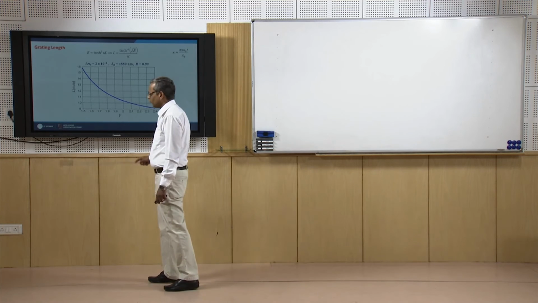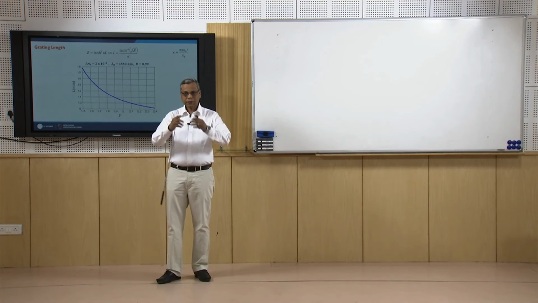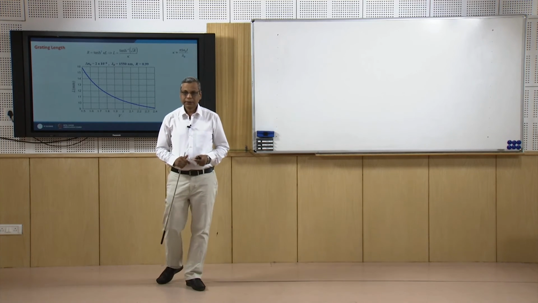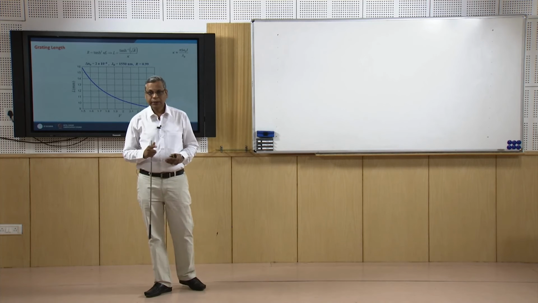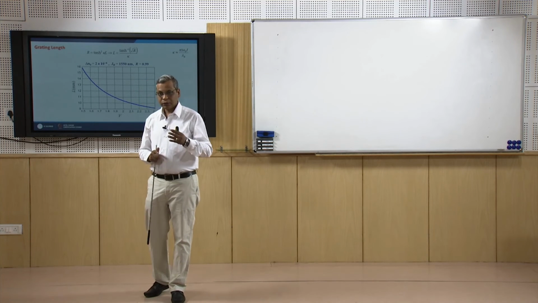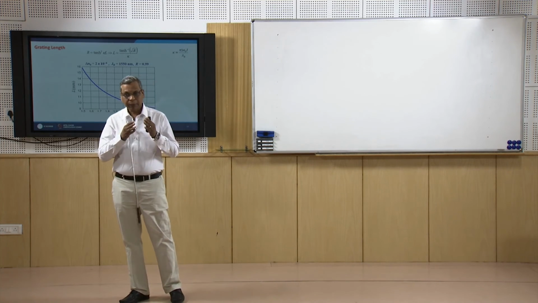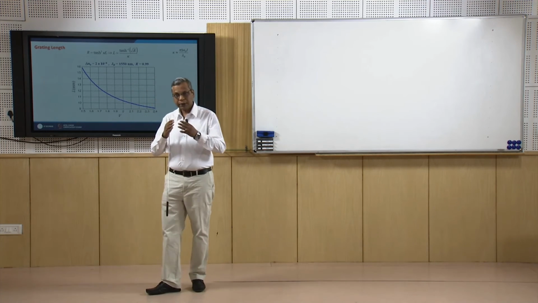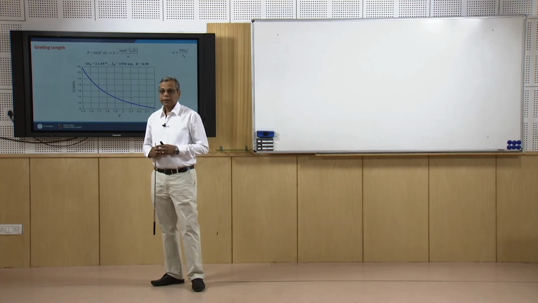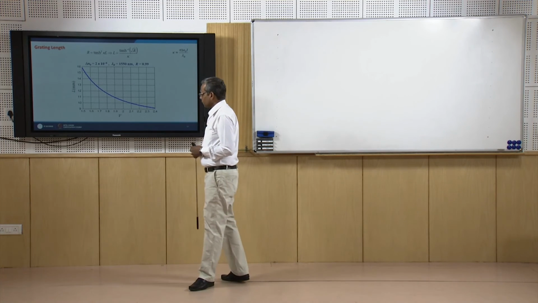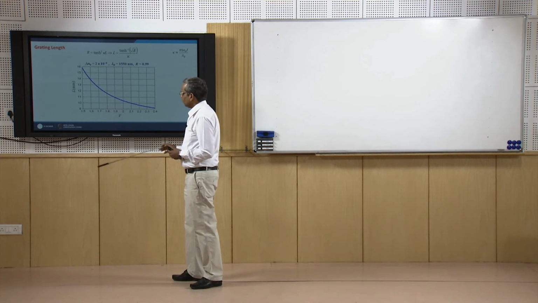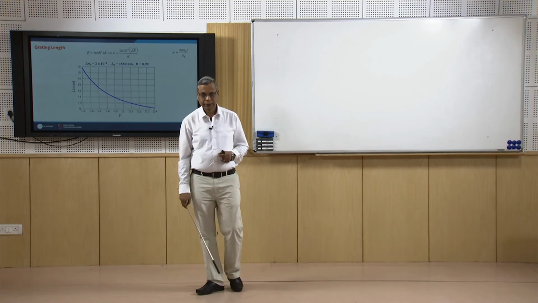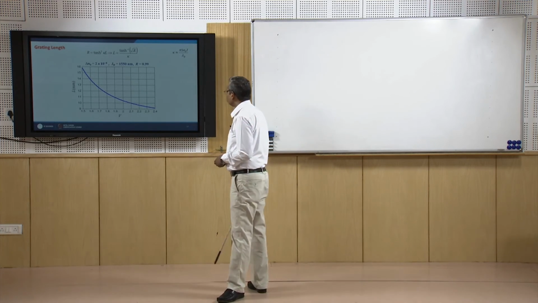While if I go to shorter wavelength, then the field spreads out from the core and the overlap integral, mind that, since the grating is only in the core region, it is the power in the core region that matters. So, if power in the core region is small, then the overlap integral would be smaller, and hence you will require much longer grating to reflect back 99% power.